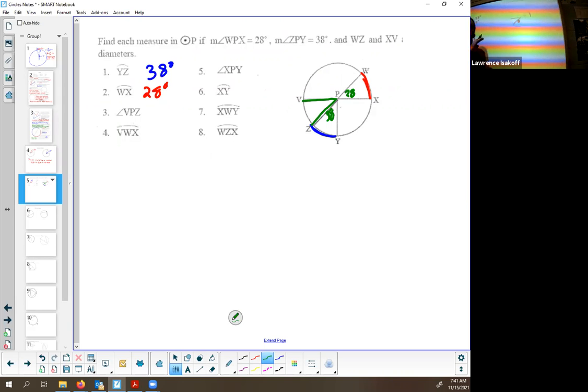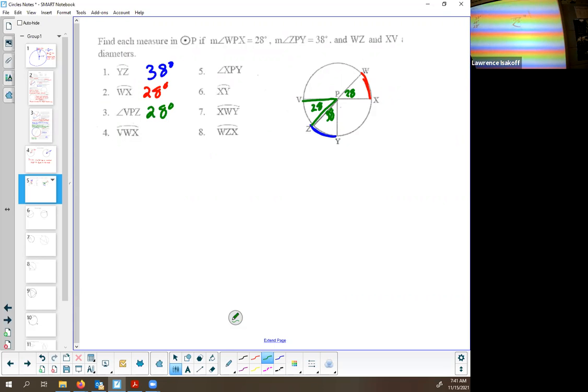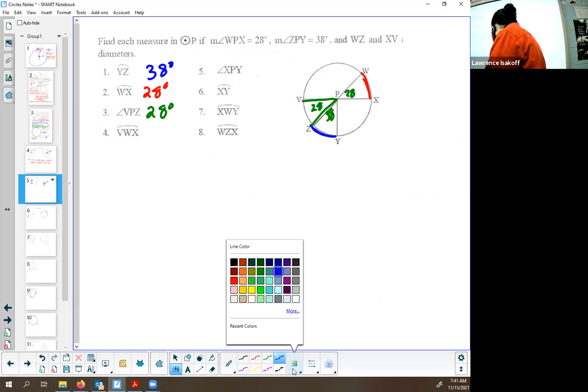When two lines cross, the angles across from each other are always equal. So if this is 28, that makes this 28 degrees as well. Now let's keep it going. Let's go purple with the color.